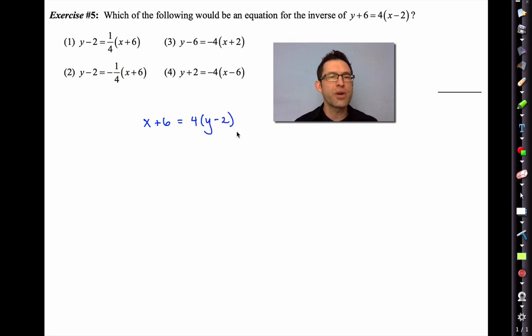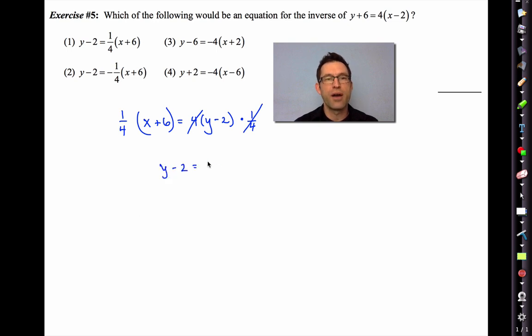Now, what's a little bit tricky here is it would be very tempting to distribute the 4 and do a bunch of other manipulation. But take a look at all of these equations. They're all in point-slope form. So instead of distributing that 4, I'm going to multiply both sides of my equation by 1/4. Those two will cancel.